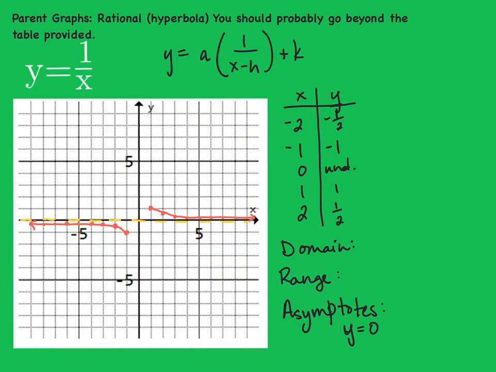So if we look at our values between -1 and 1 for x, we need to look at fractions. If x equals 1/2, then I have y equals 1 over 1/2, which gives us 2. So my value there, 1/2, positive 2. That's going to be the similar thing at -1/2, -2.